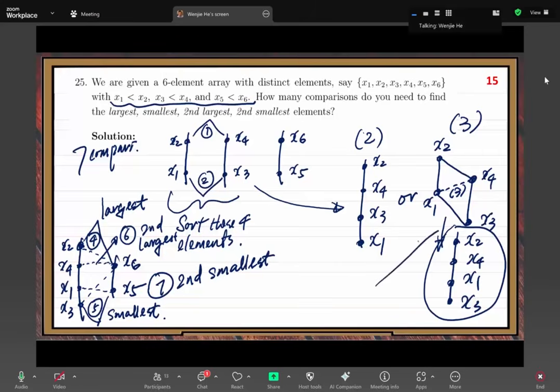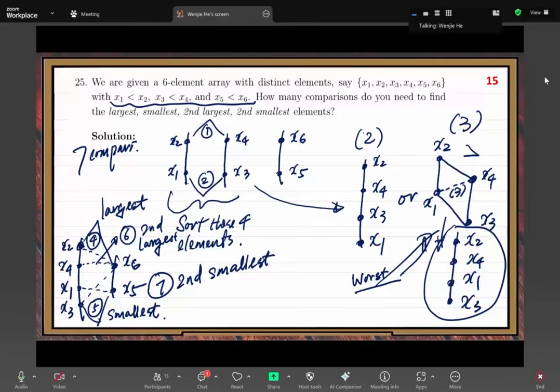When we do comparison, we can assume X2 greater than X4 without loss of generality, because these 2 pairs are symmetric. One is bigger than the other, so here we assume X2 is greater than X4.